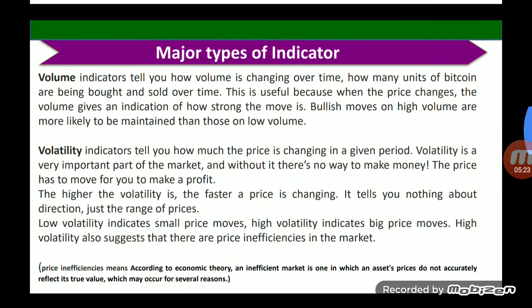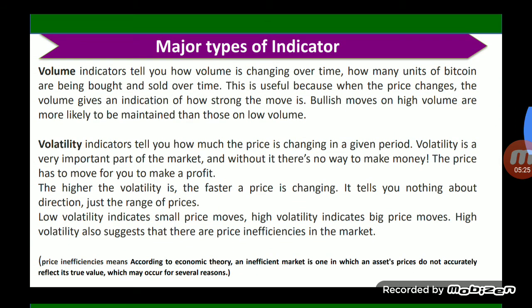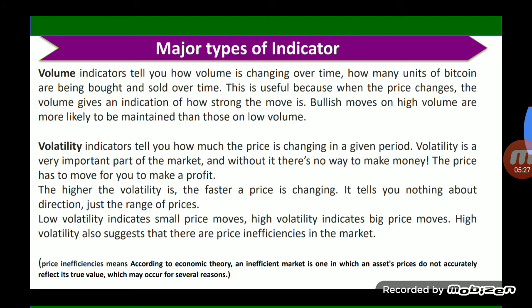Next category is volume. Volume indicators tell you how volume is changing over time, how many units of bitcoins or shares or securities are being bought and sold over time.